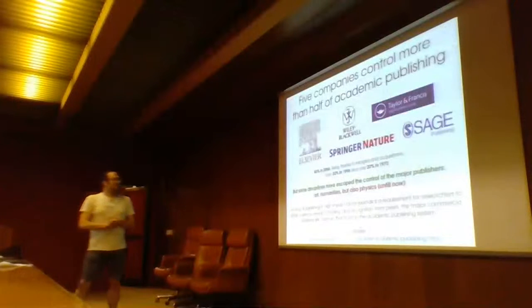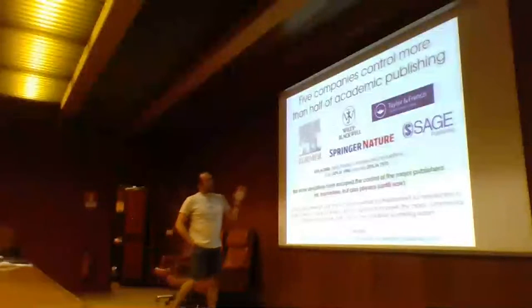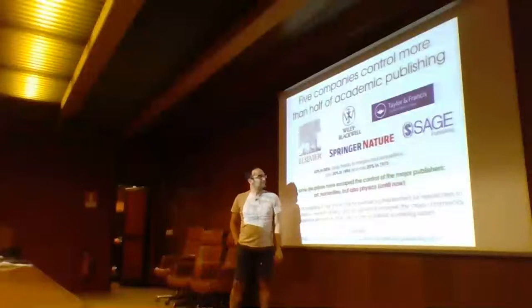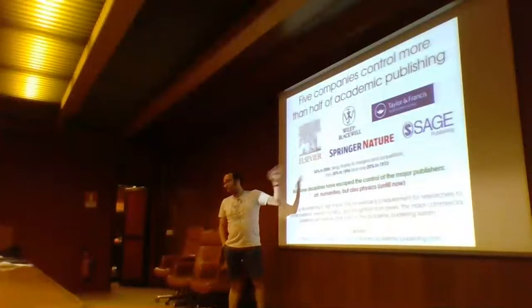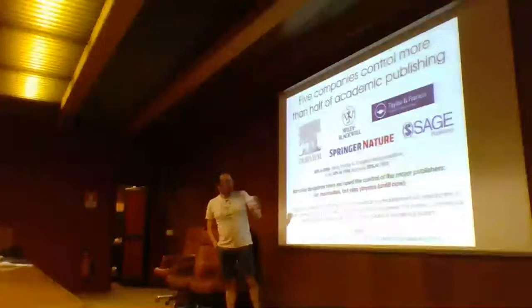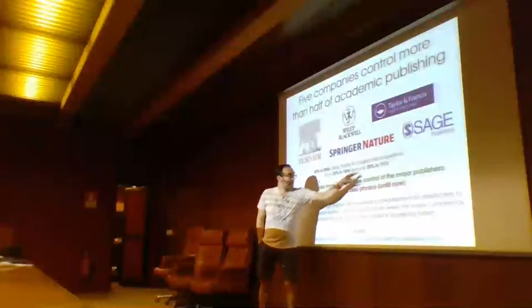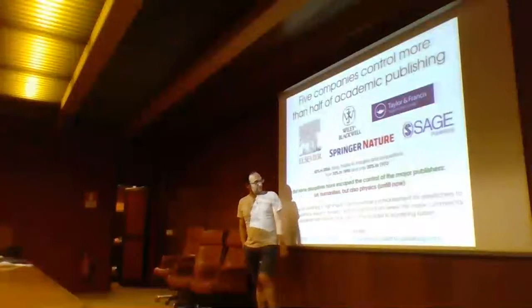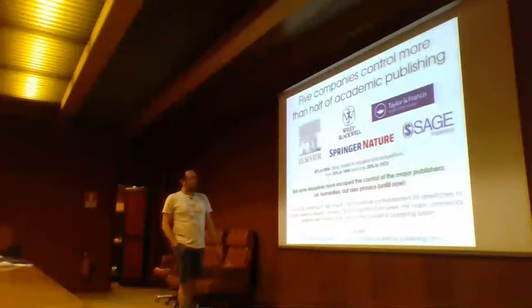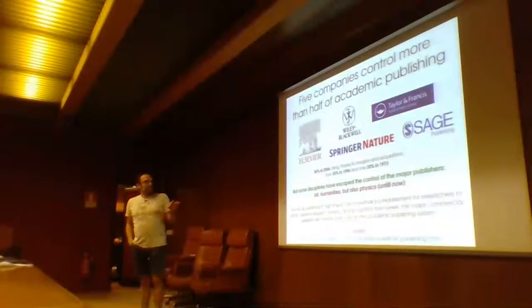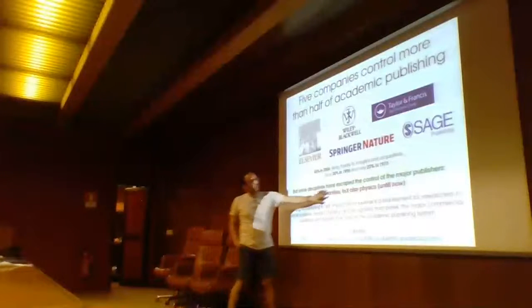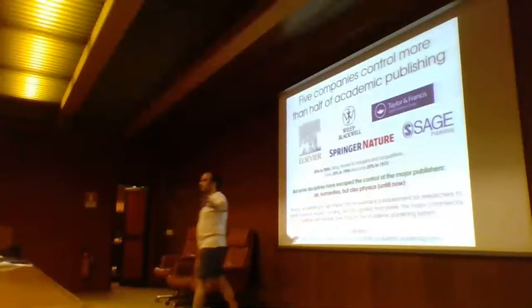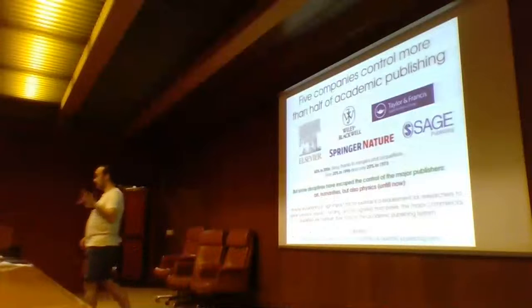The situation today is that 5 publishers, these that you can see here, control 50% of the market for all scientific publication. It rose from 20 to 30 to 50 percent today. Let's say that some disciplines have escaped the control of major publishers: arts and humanities, mainly because of the language barrier.